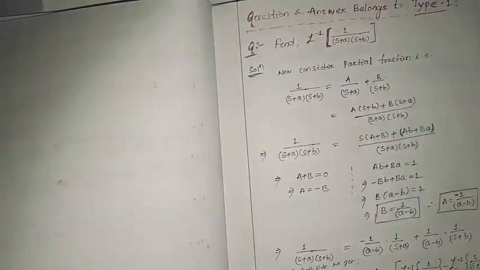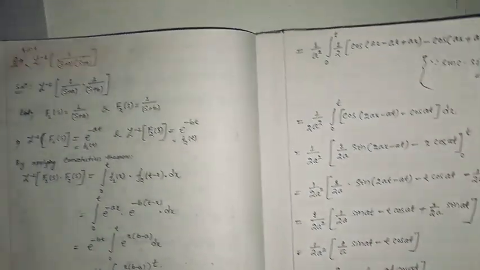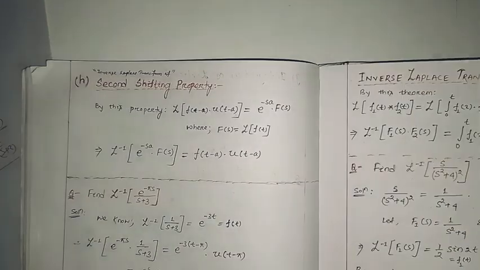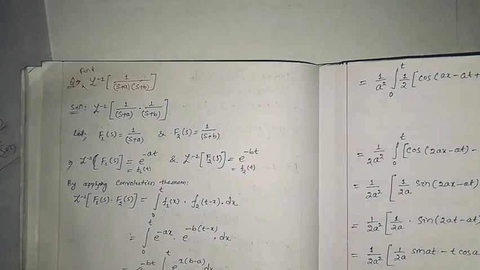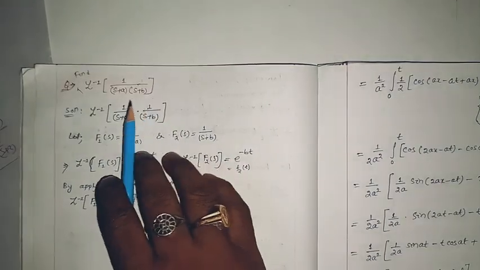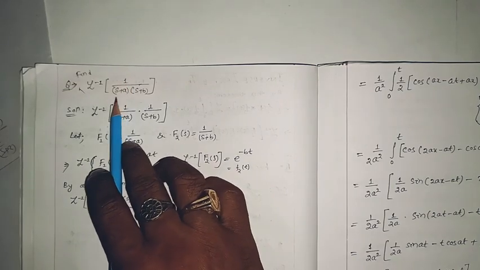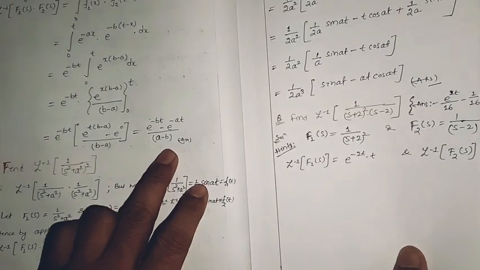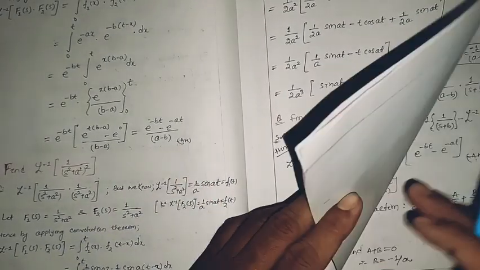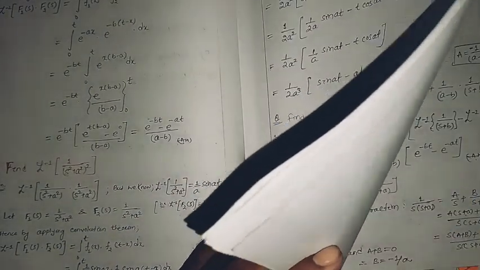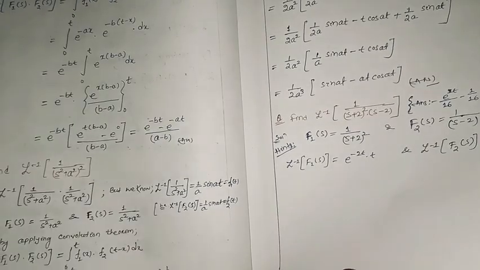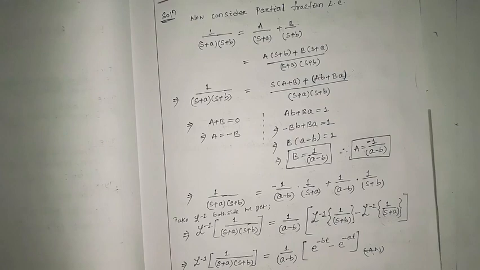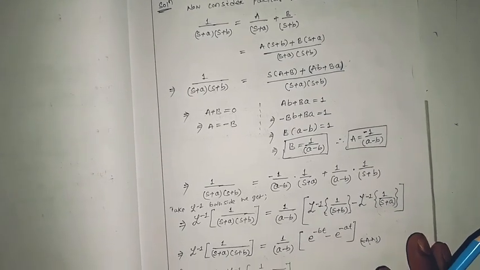This question we already solved using the convolution theorem. In our last class we solved this question, 1 by (s plus a) into (s plus b), by considering the convolution theorem, and we got the same answer. So I suggest you practice whichever way you feel is easy and answer in that way.